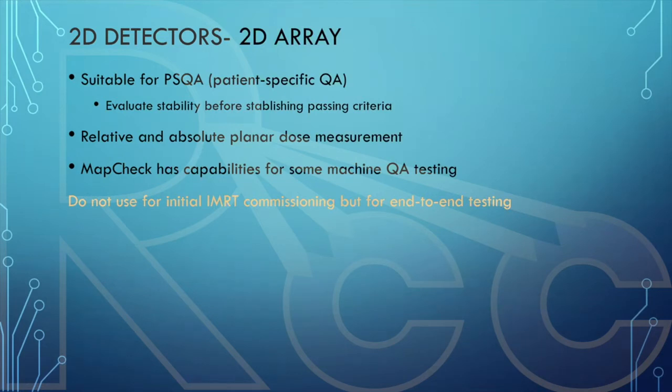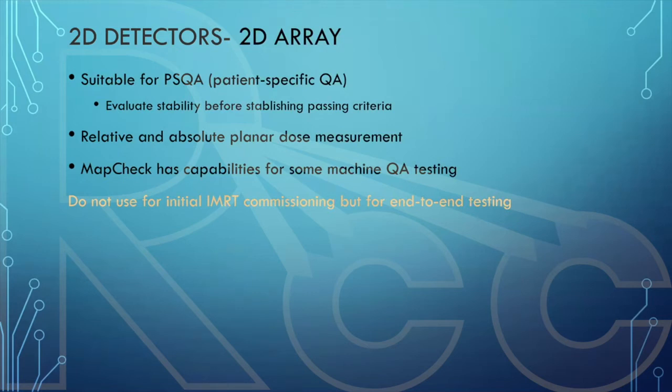You can do relative and absolute planar dose measurements if you are using an array of ion chambers. Also, the MapCheck has some capabilities for doing some machine QA testing. Do not use this type of detector array for initial IMRT commissioning, but they are very handy for end-to-end testing.